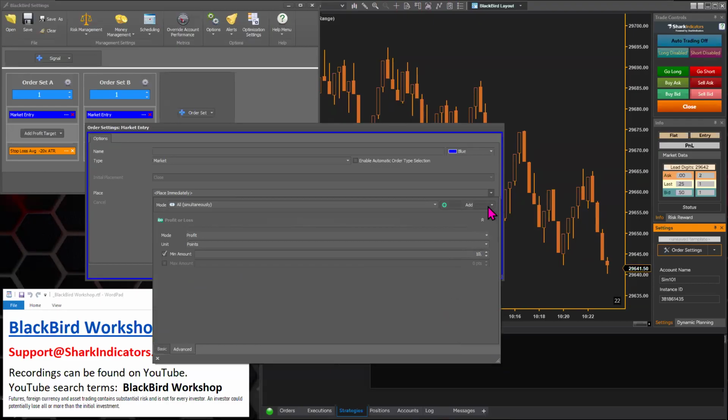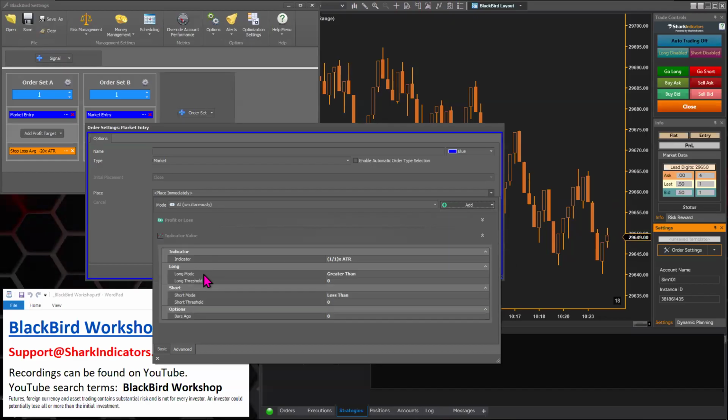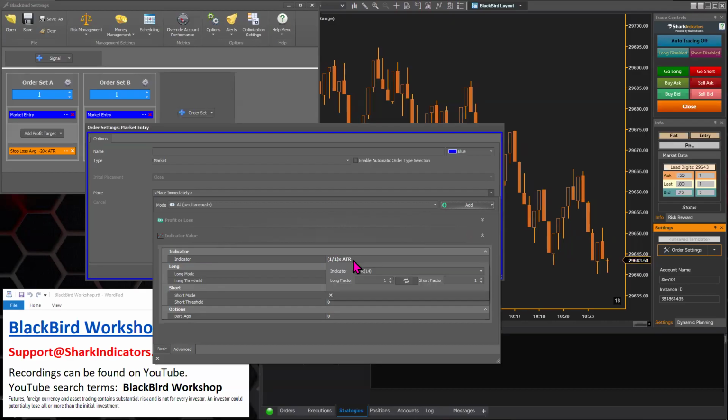Now, the second requirement, interrogating an indicator that's on another time frame, is more unique here. But the way you do it is you're looking for an indicator value. So we can use that trigger, indicator value, and of course plug in your indicator here.